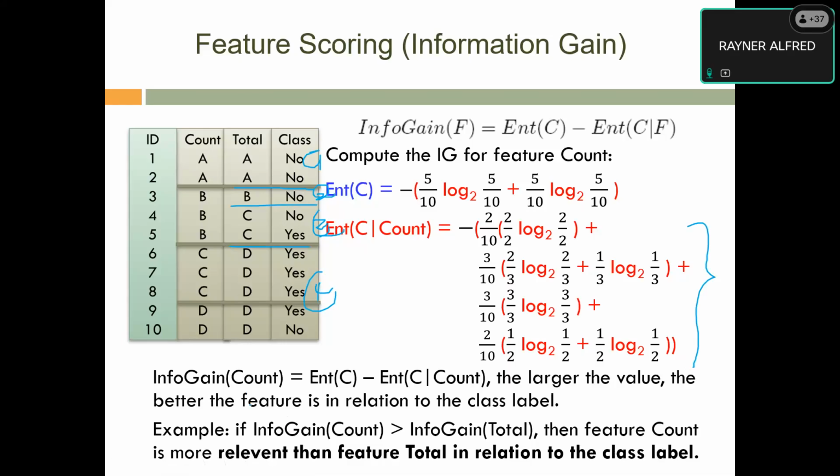At the end of the calculation, if the info gain for the count is greater than the info gain of the total, I will choose the count to be the feature to split our data in the tree. This is how we determine which feature is more important with respect to the class label.